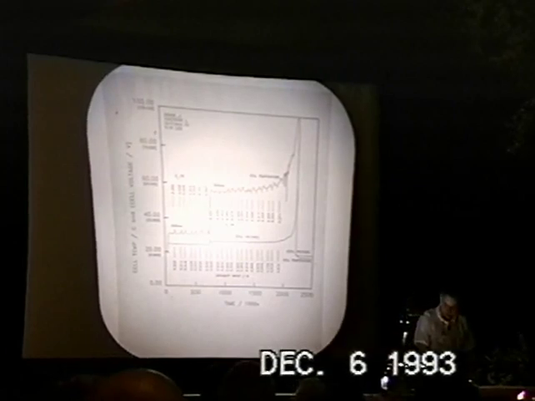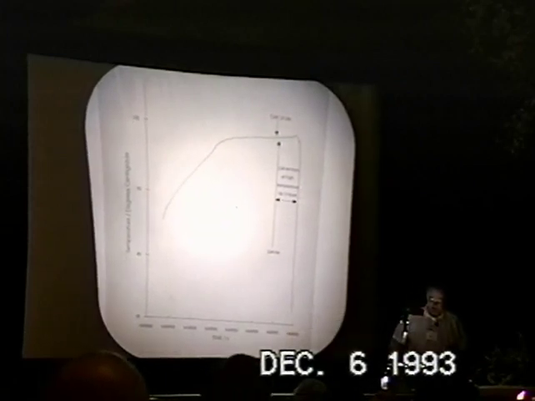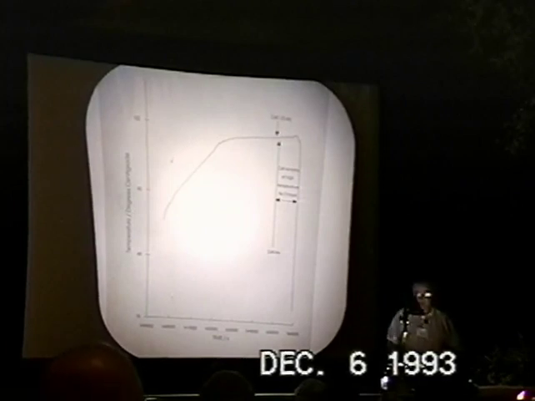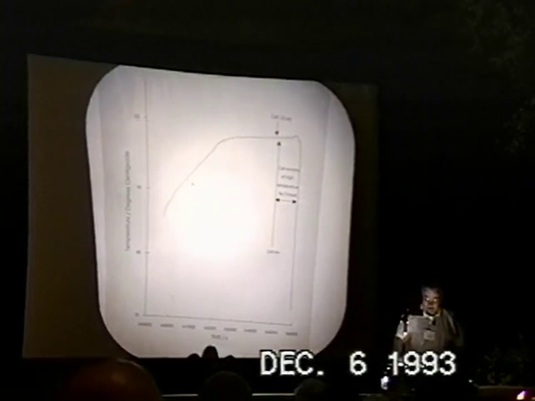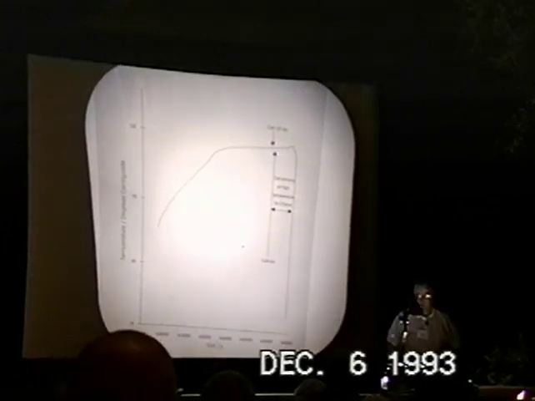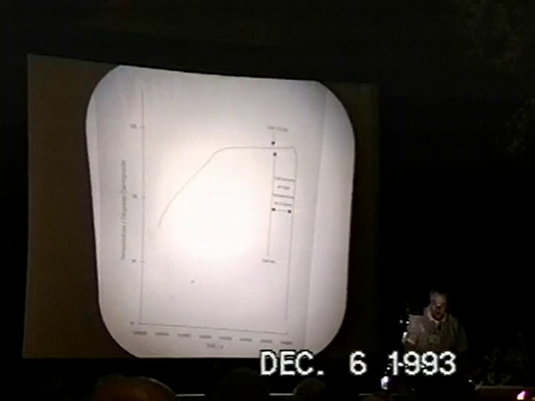In those experiments, we showed that in one cell, after the solvent had all been evaporated out of the cell, in other words, the cell was dry, there was still a long period of time after the power input was essentially zero that the cell still generated an excess enthalpy.